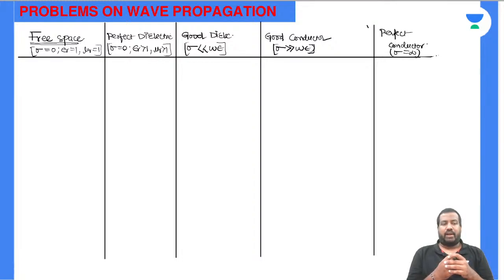So let us start one by one. We'll start with conductivity. Sigma for free space, you can see here it is already mentioned. For free space, conductivity is 0. Similarly, for perfect dielectric, conductivity is 0.